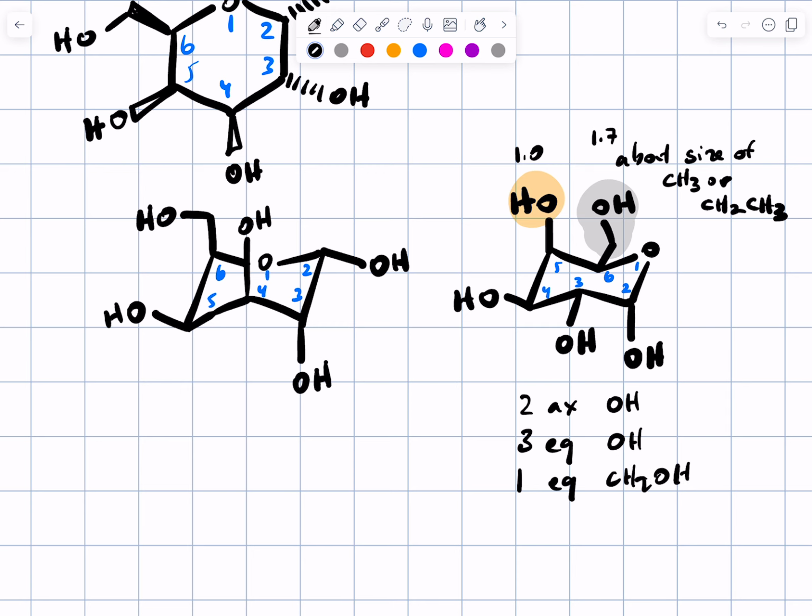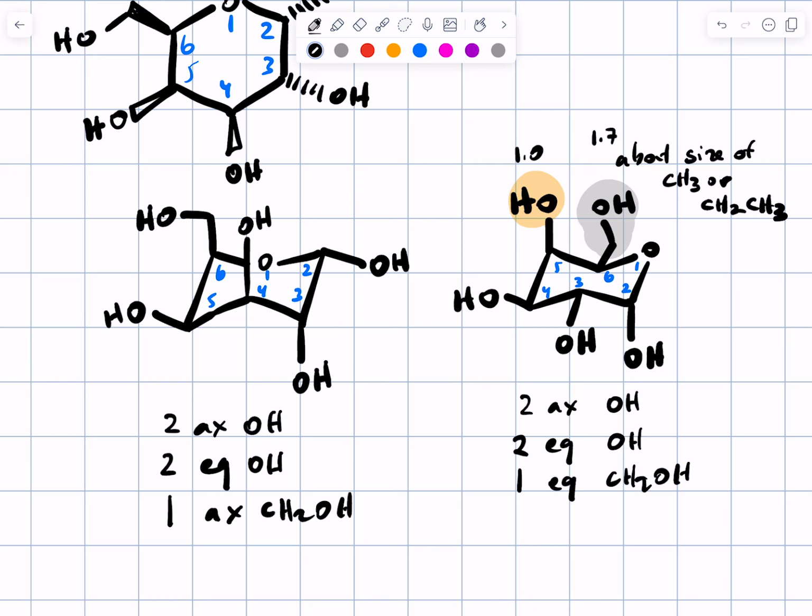In contrast, on the right, I have 2 axial, yes? Did I count wrong over there? 2, 2, and 1, thank you. 2 axial OHs, 2 equatorial OHs, and 1 axial hydroxymethyl. Okay, so you do the comparison.